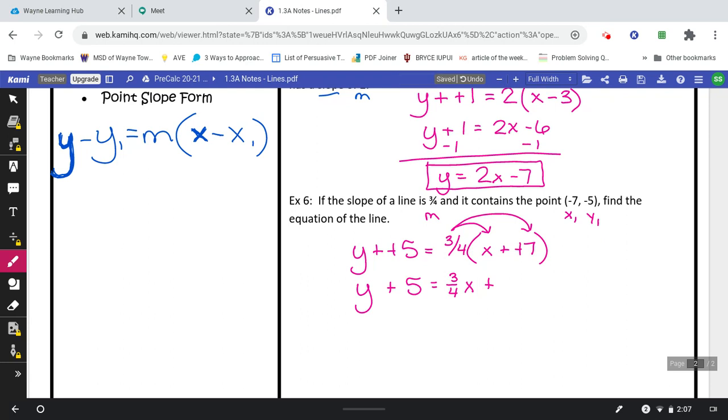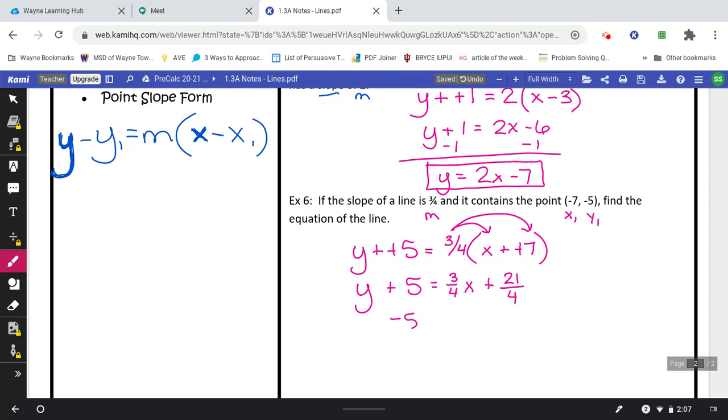So in your calculator, 3 divided by 4 times 7. You get a decimal. I got 5.25. And then I'm going to change that back into a fraction by hitting Math, Enter, Enter. Again, that's Math, Enter, Enter. And that changes into a fraction of 21/4.